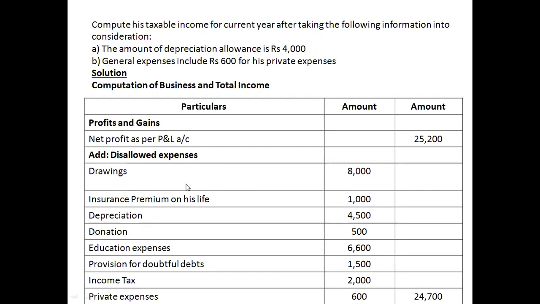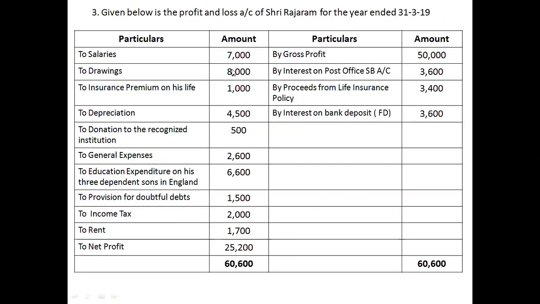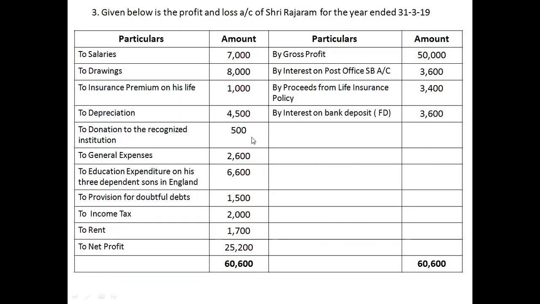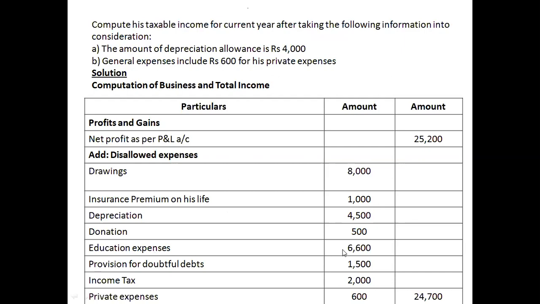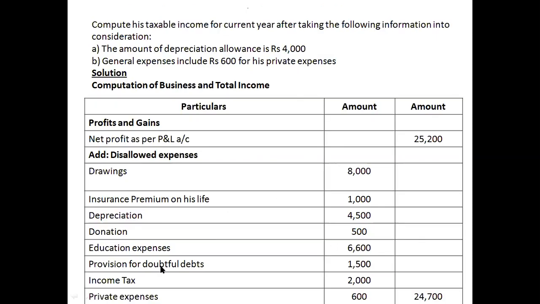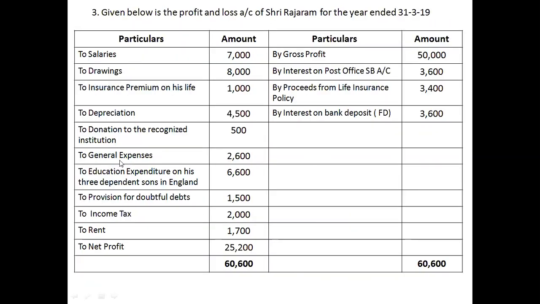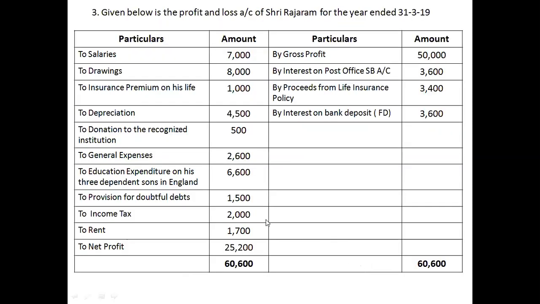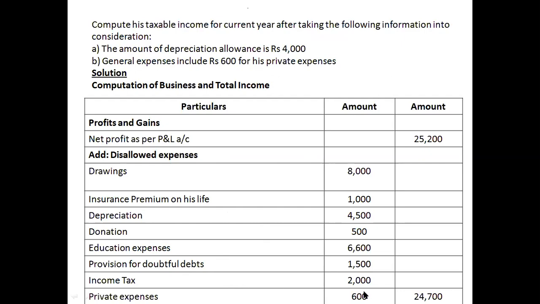So we have taken drawings 8,000 rupees, insurance premium on life 1,000 rupees, depreciation 4,500, donation 500 rupees, educational expenses 6,600, provisions for doubtful debts 1,500, income tax 2,000 rupees, and the private expenses 600 rupees mentioned in the adjustment.